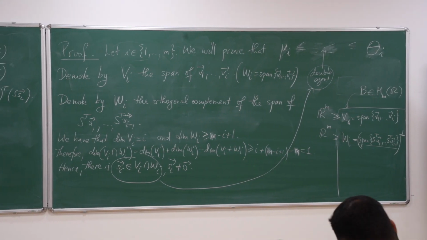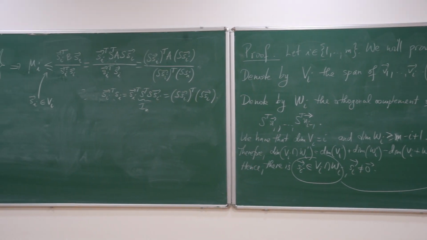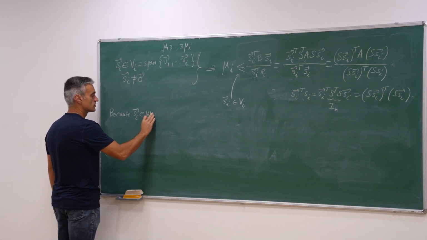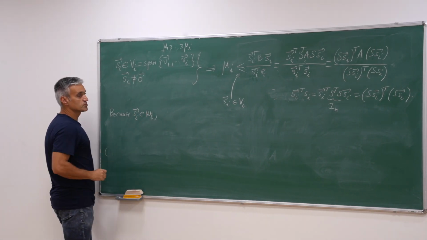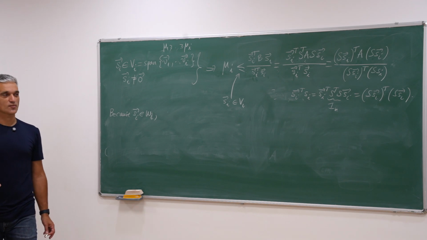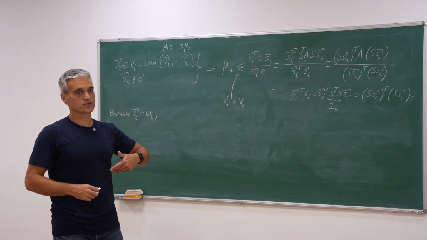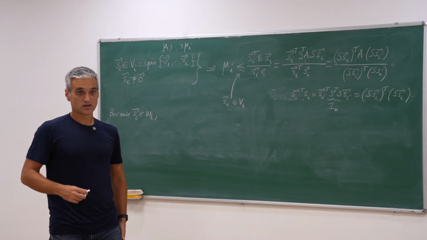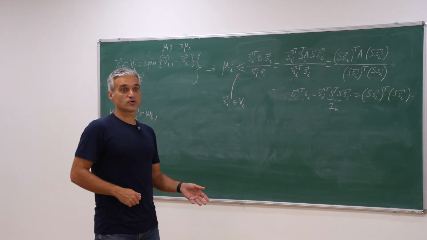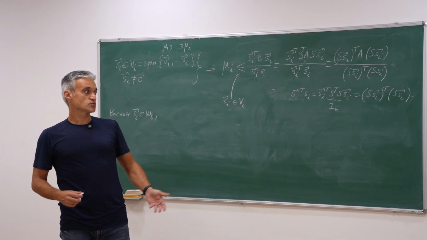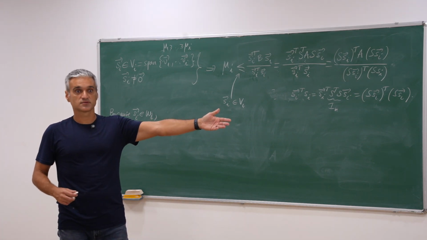Because Si belongs to Wi, what do we get? So Wi is an orthogonal complement of something. If you're in an orthogonal complement of something, you must be perpendicular to everything in that something. So you must be perpendicular on all the vectors in the span.